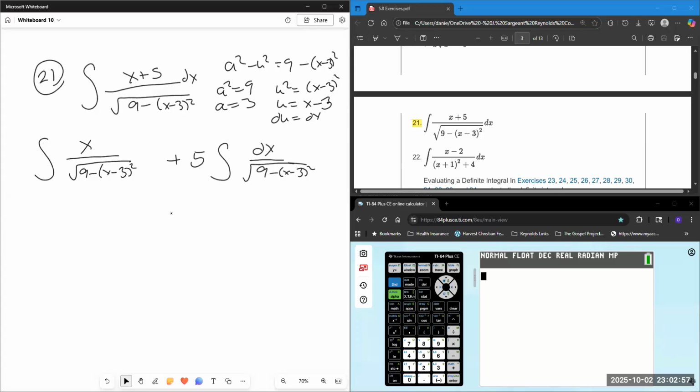This other piece, if I would look at u is equal to 9 minus x minus 3 squared, du would be a negative 2 x minus 3 dx, but I really don't want to do that. I would rather, let's expand this. It's going to turn out the same way.